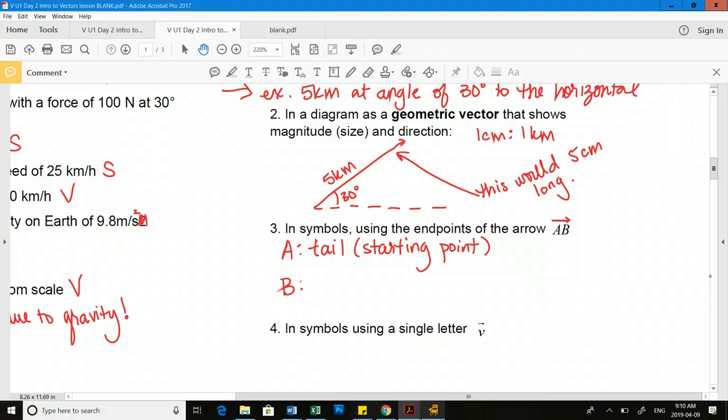And B is going to be the head of our vector, sometimes also called the tip of the vector, okay? So how we would write this would basically be, this is A, and this is B.